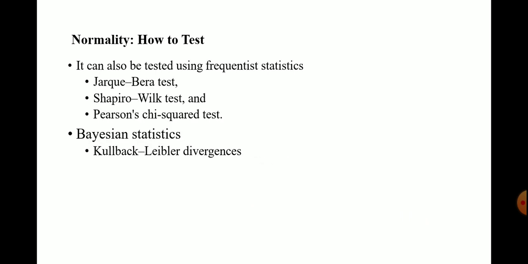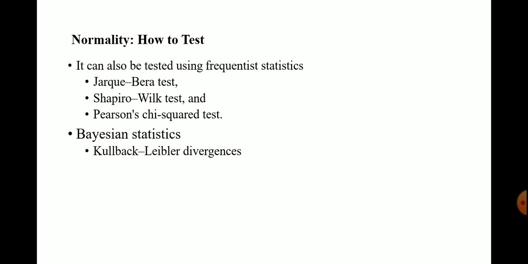And apart from these, there are certain tests based on frequentist statistics like the Jarque-Bera test, Shapiro-Wilk test, and Pearson chi-square test. If you are doing any research, then you will be knowing these tests. In econometrics, we usually test normality using the Jarque-Bera test. We assume certain things about normality, and on the basis of certain statistics we test it.